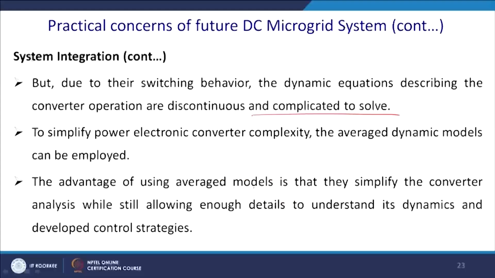To simplify power electronics converter complexity, the average dynamic model can be employed, but it is an approximation. The advantage of using an average model is that it simplifies the converter analysis while still allowing enough detail to understand the dynamics depending on the control strategies.